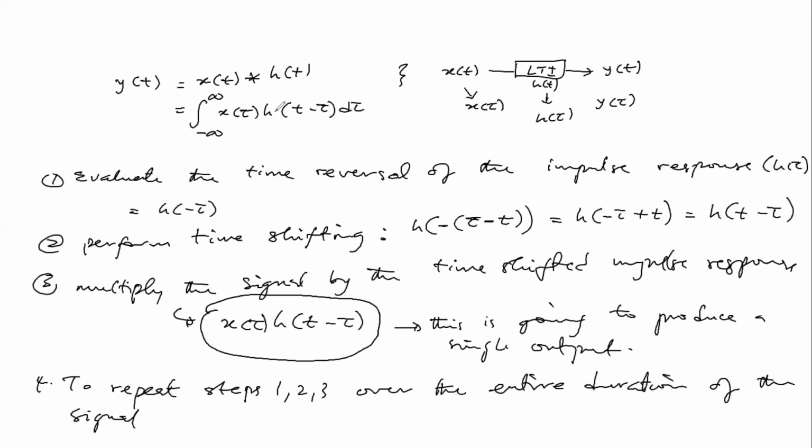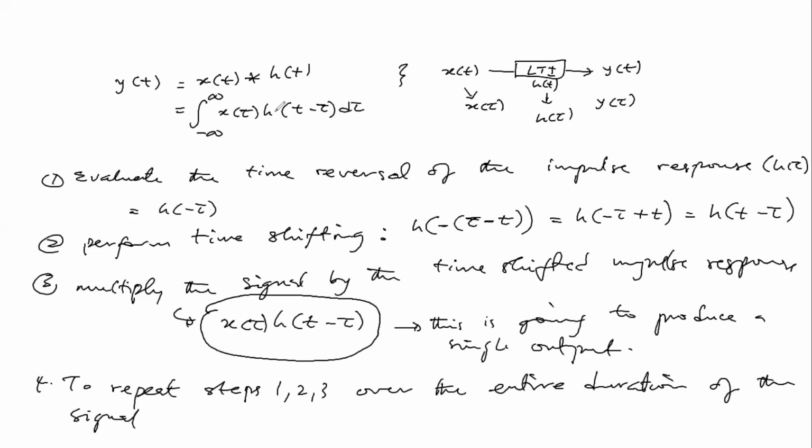Okay, sorry, sir. I'm just trying to clarify, because I just want to make sure that what's in my head is also what is going on here. H of tau is the impulse response, right? Yes.